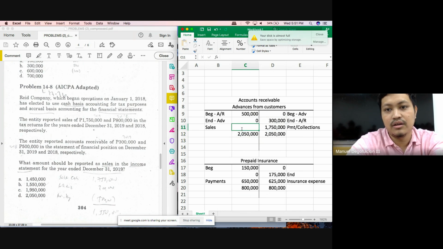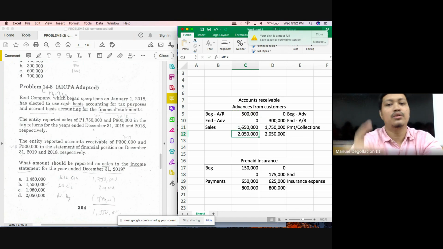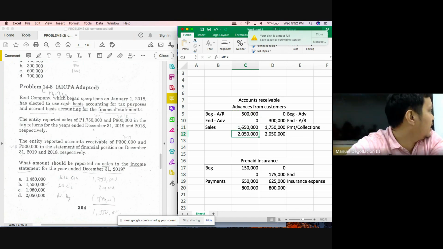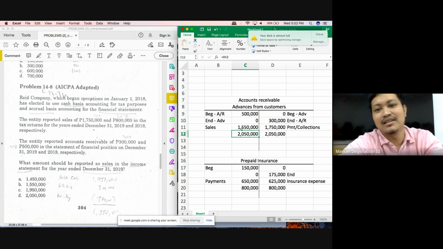And then, knowing that the 2,050,000 will be the sum of the beginning AR and your sales under accrual, all you have to do is deduct 500 from 2,050,000. And that will tell you that the sales under accrual would be 1,550,000. Let's just end here.